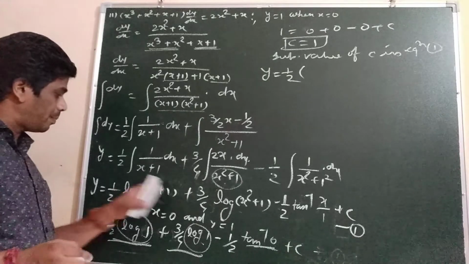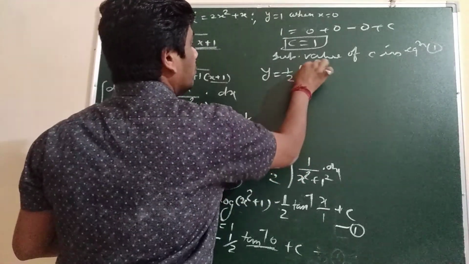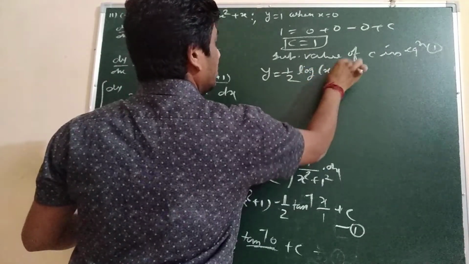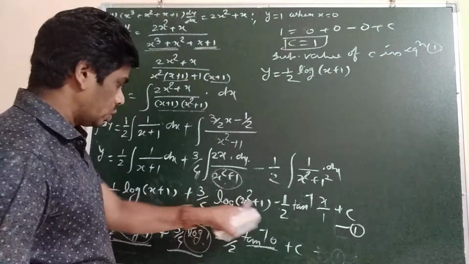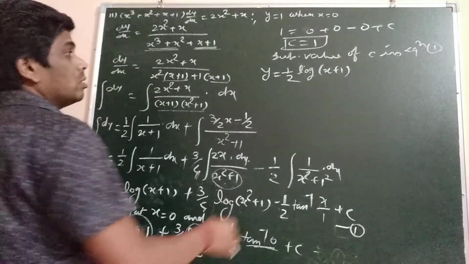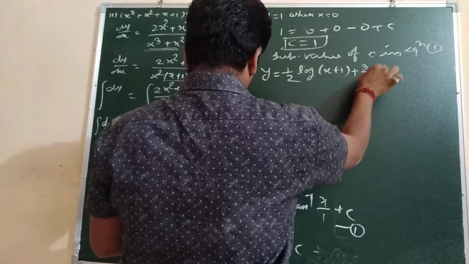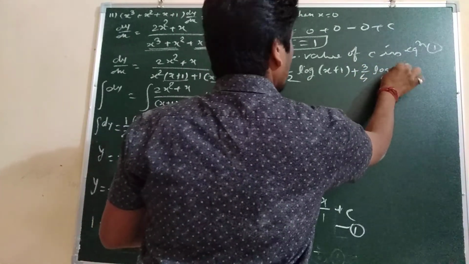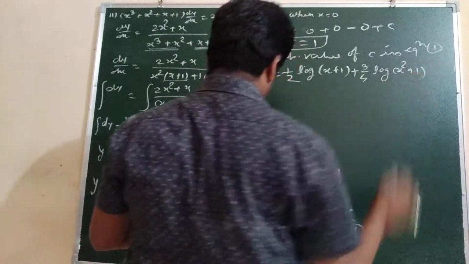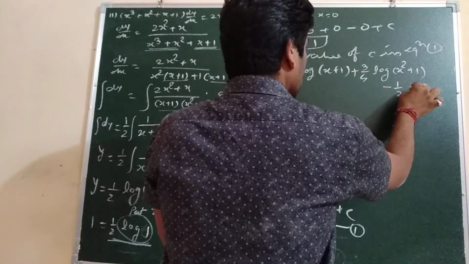So here you can write 1 upon 2. In the next step we will write log of x plus 1, plus 3 by 4 log of x square plus 1.